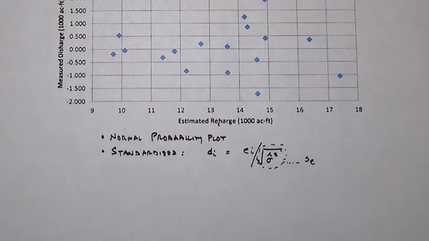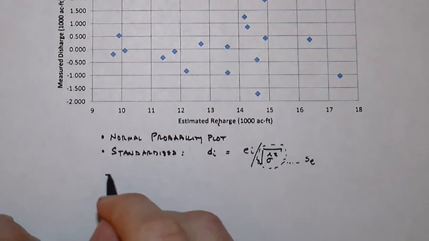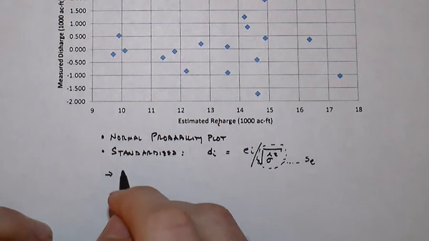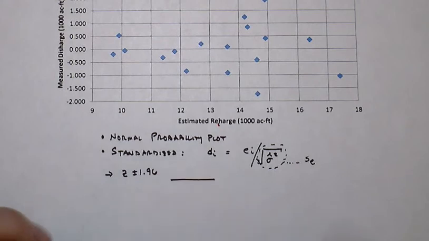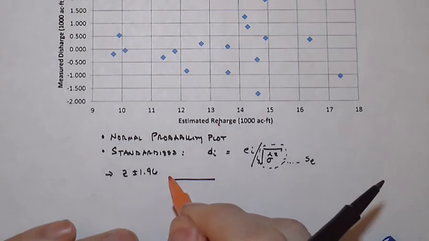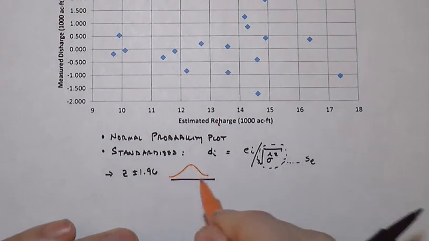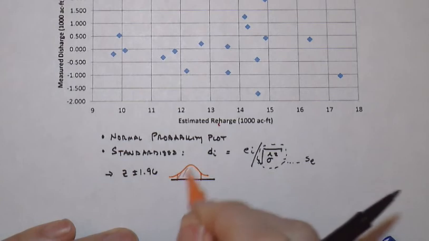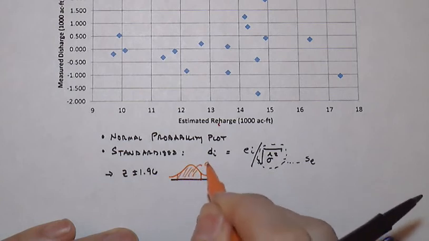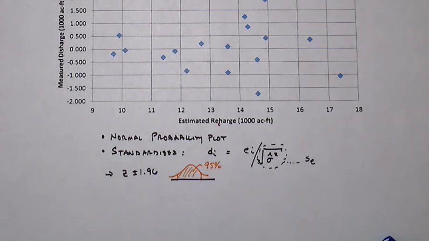Keeping in mind that in a normal distribution, a z of plus or minus 1.96, remember on the normal curve, is nearly plus or minus 2 standard deviations, right? We encountered that with the 95% confidence intervals.